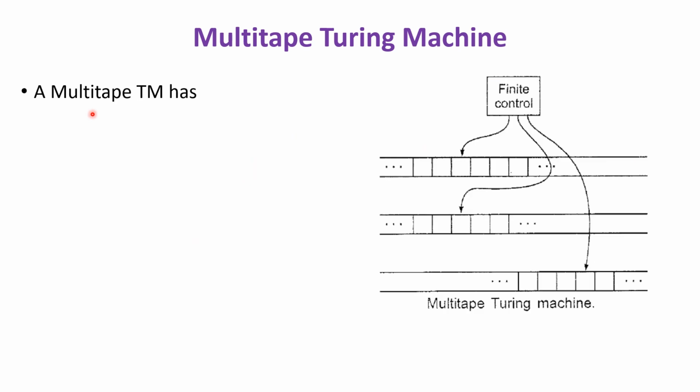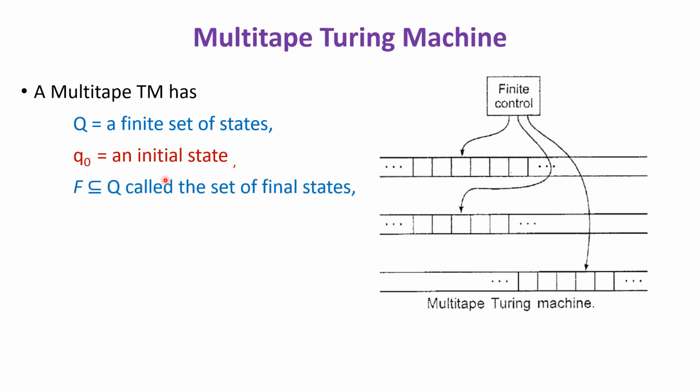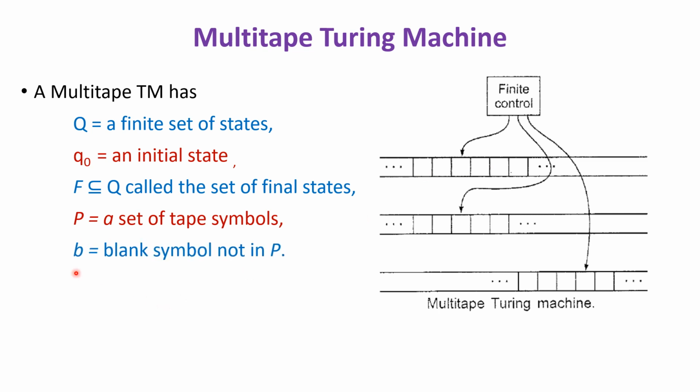A multi-tape Turing machine has Q, a finite set of states, Q0, an initial state, F, which is a subset of Q called the set of final states, gamma, a set of tape symbols, B, the blank symbol which is not present in gamma, and assume that sigma is a subset of gamma and blank does not belong to sigma.